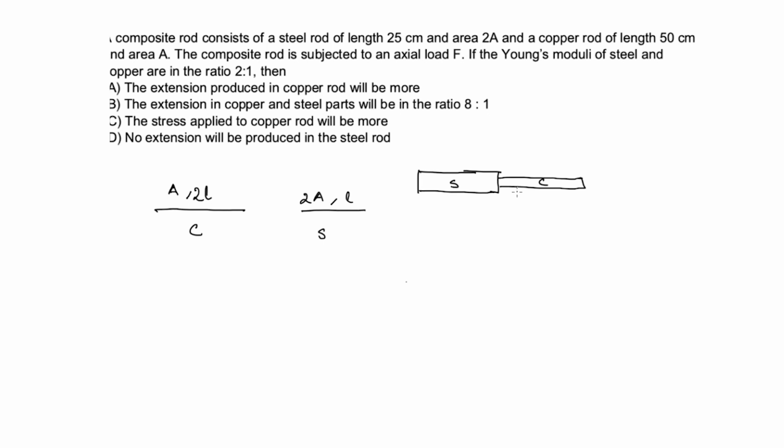Steel 2A, copper cross section area A. So they are like this, and I have applied a force F here. Young's modulus of steel and copper is 2:1, so if copper is Y, steel is 2Y. What is the extension produced in the copper rod? The extension produced in the copper rod will be more.